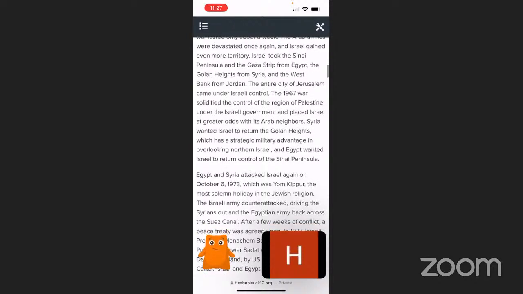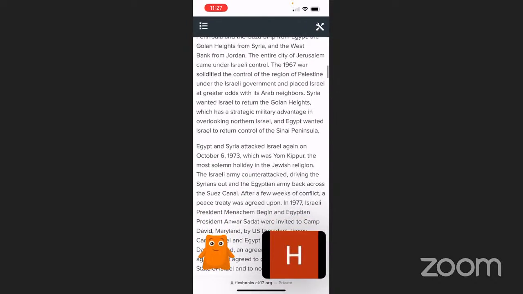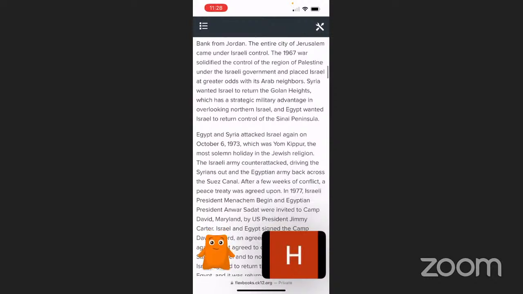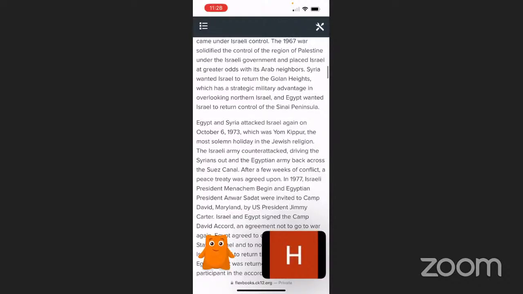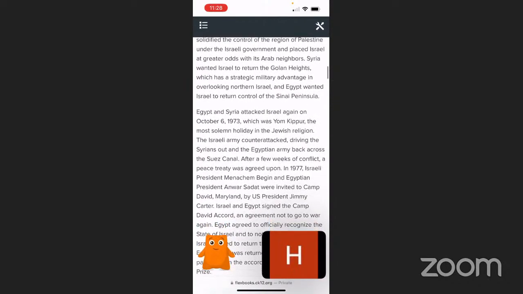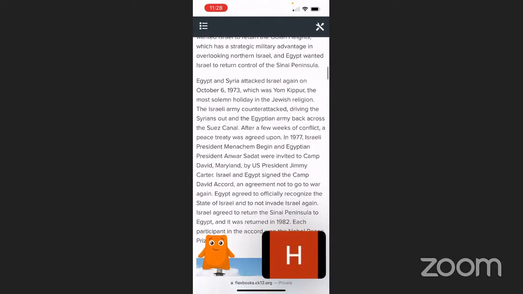The 1967 war solidified the control of the region of Palestine under the Israeli government, and Palestine placed Israel at greater odds with the Arab neighbors. Syria wanted Israel to return the Golan Heights, which has a strategic military advantage in overlooking northern Israel, and Egypt wanted Israel to return control of the Sinai Peninsula.